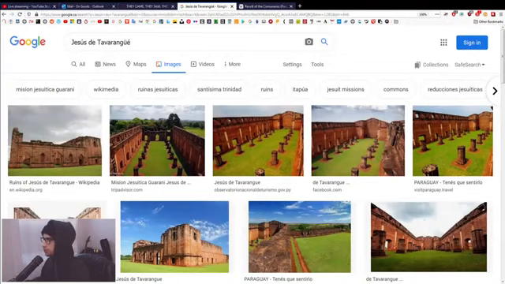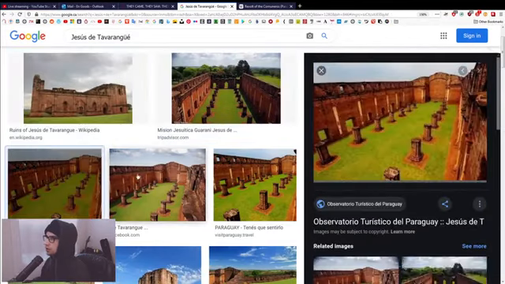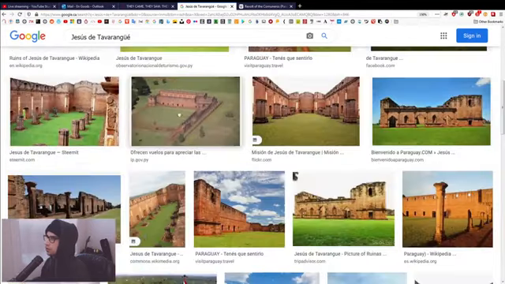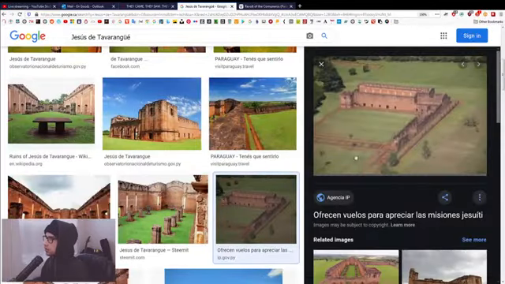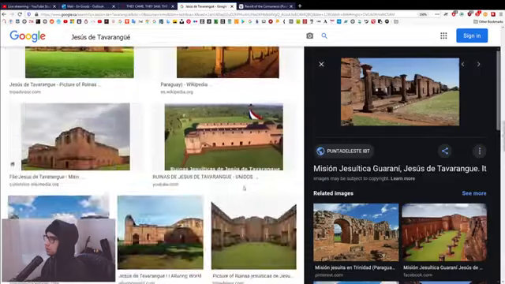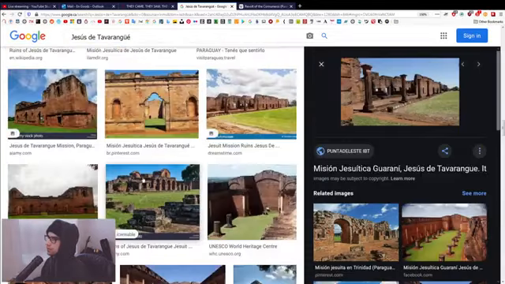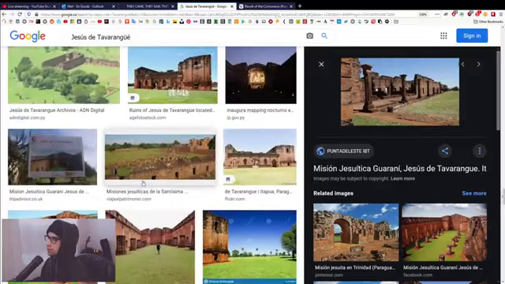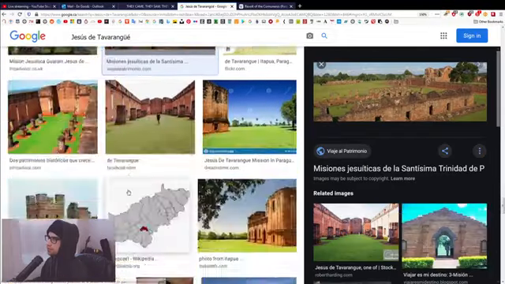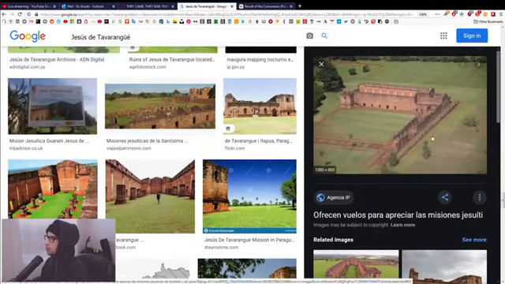As you can see, this one's also ruins, but this was also one of the reductions. I think you get the picture.